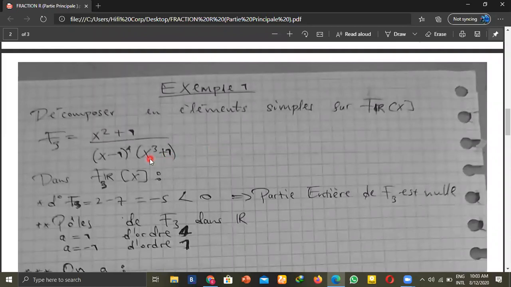If you just know the identity, you don't give yourself a headache trying to decompose this. You just come and replace here. If it was x to the power 3 minus 1, what would we have? Changu: it's going to be x minus 1 in brackets and x squared plus x plus 1 in brackets.